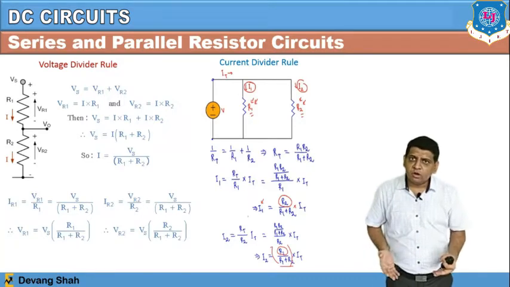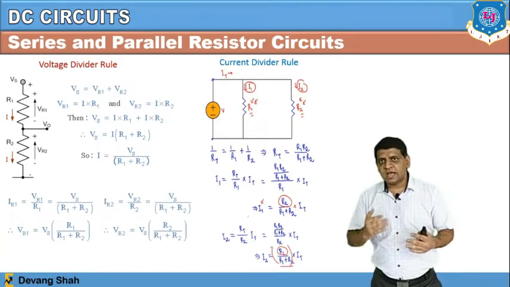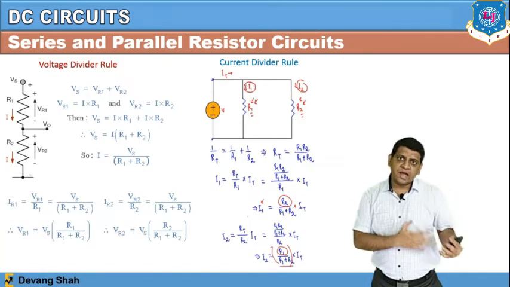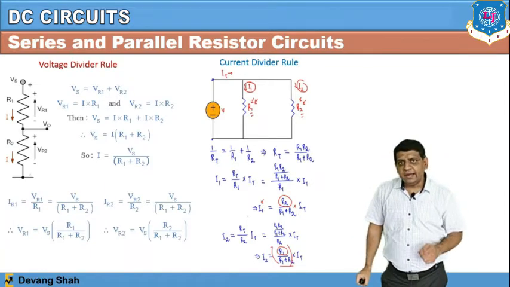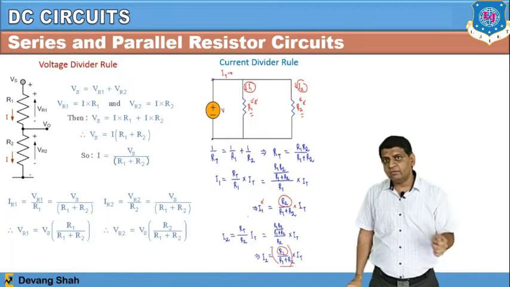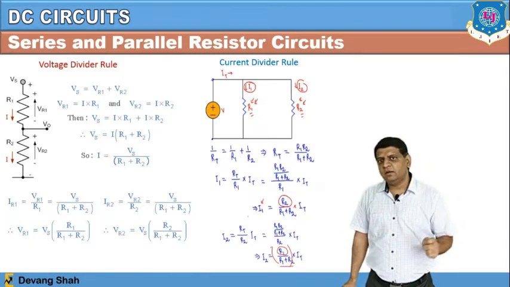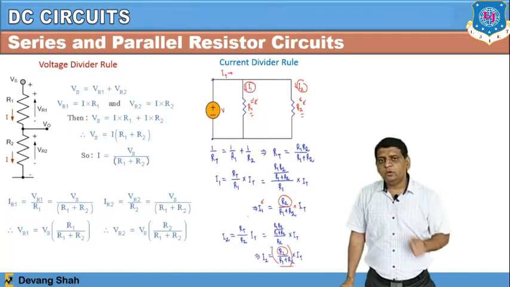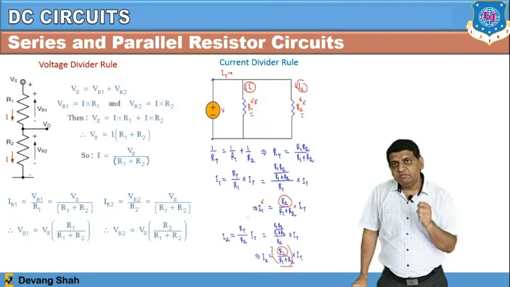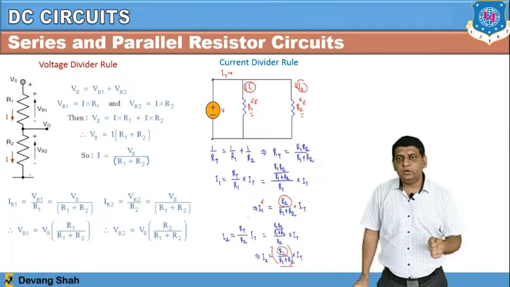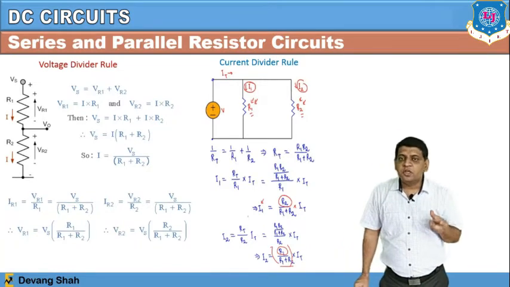Now once you apply Ohm's law again and take the ratio of total current I versus I1 or total current I versus I2, you will find I1 divided by total current IT is equal to V by R1 divided by V by RP, and that RP is the equivalent parallel resistance. Once you solve this equation, you will find I1 is equal to R2 divided by R1 plus R2 into total current IT. Now see, this is a very interesting equation.